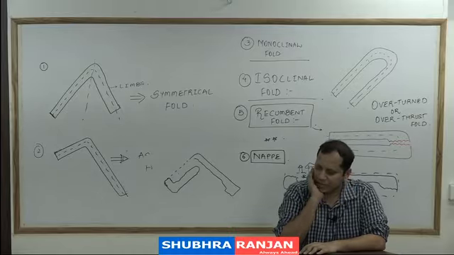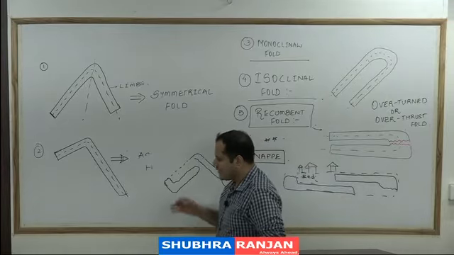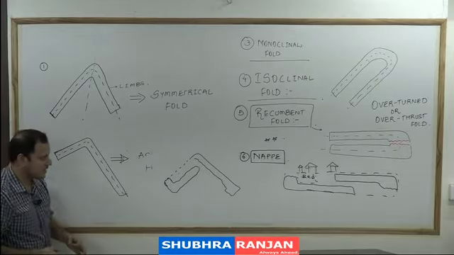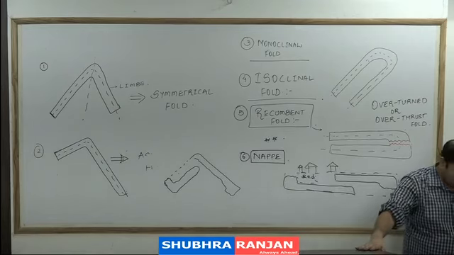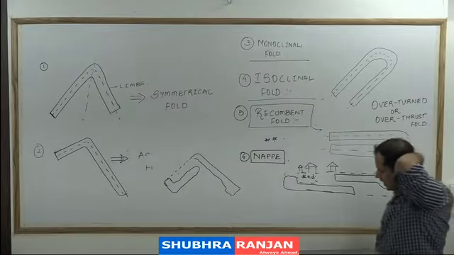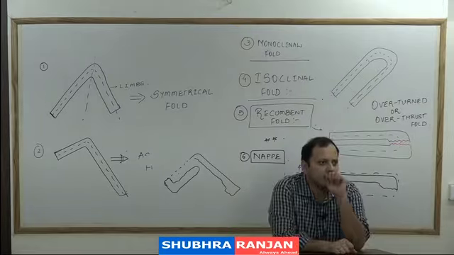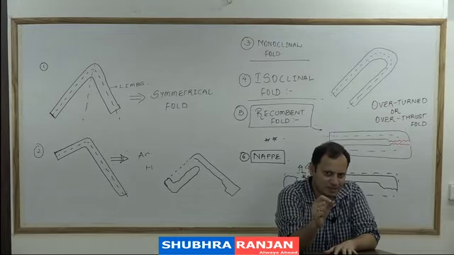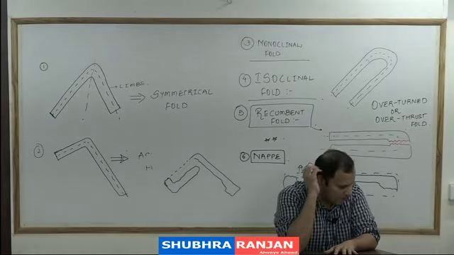The compressive forces are very strong, still active, and hence after breaking of the limbs, breaking matlab overthrust fold, both the limbs of the fold are displaced several kilometers apart.